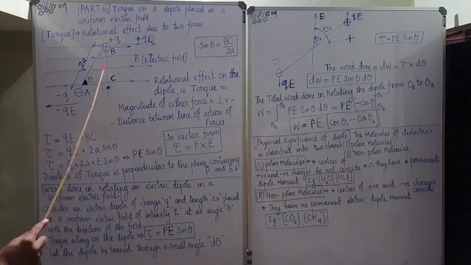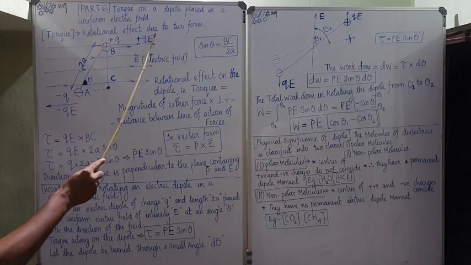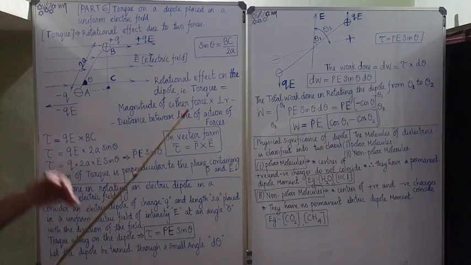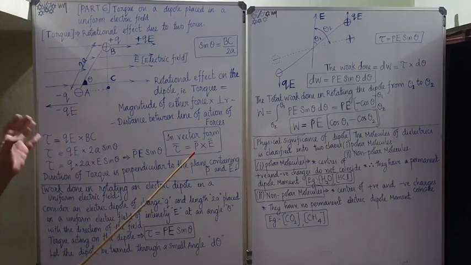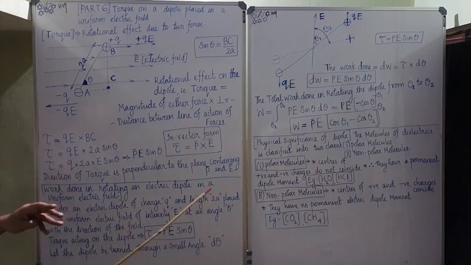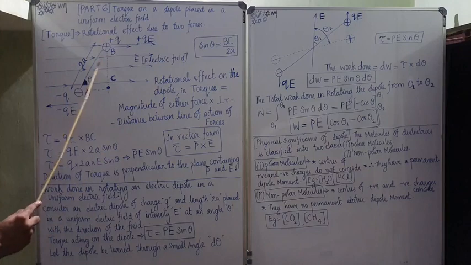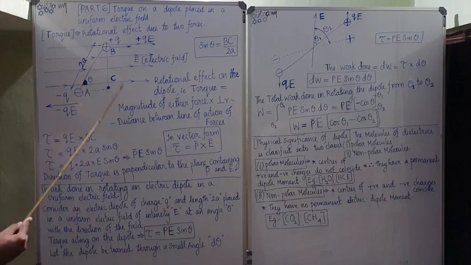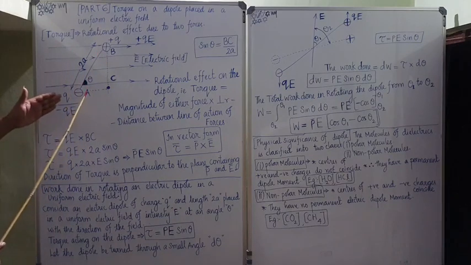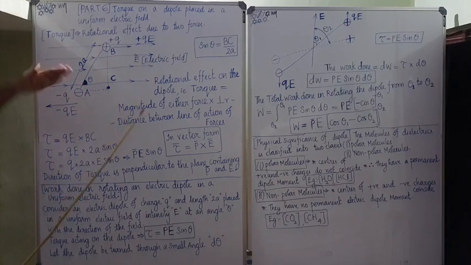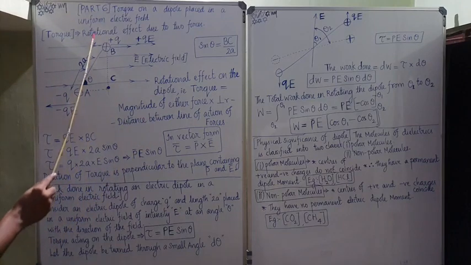So that's the rotational effect due to two forces. In the earlier simple case, I said the muscular forces act against gravitation. That's the torque. Here, the dipole character is against this electric field. That makes the torque happen.